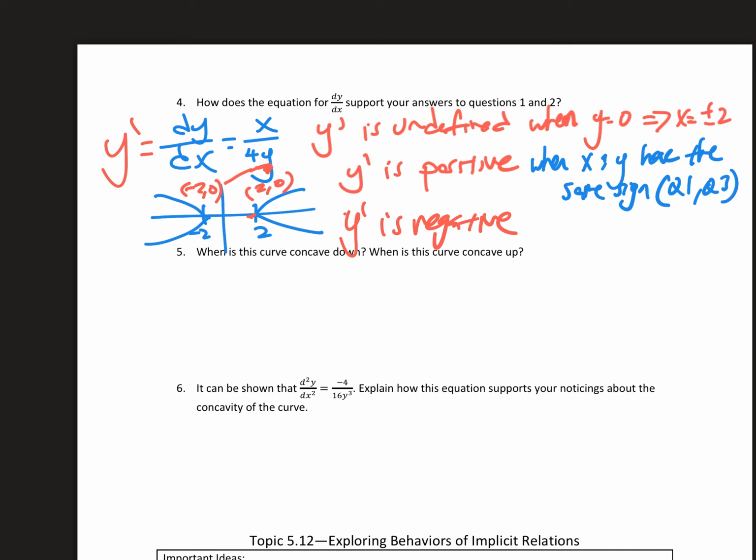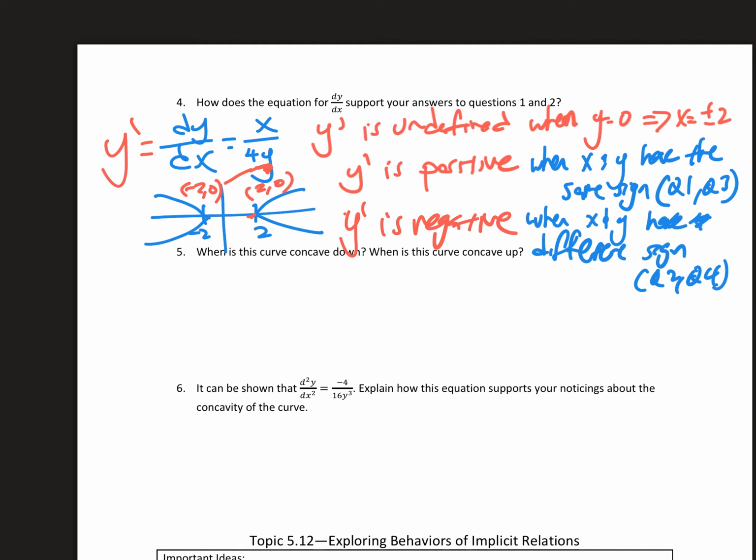And in quadrant 4, this time my x is positive and my y is negative, so when I plug it in, it's positive divided by a negative, and my whole derivative becomes negative. So y prime is negative in this problem when x and y have different signs. Q2 and Q4.